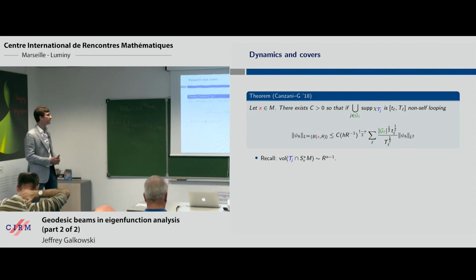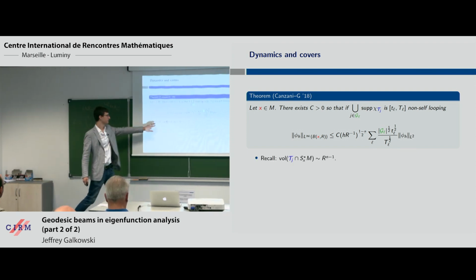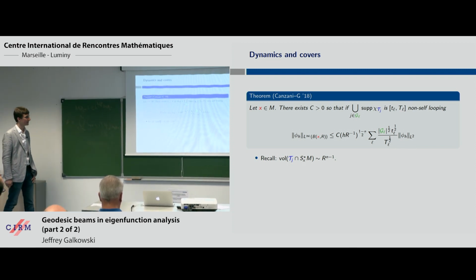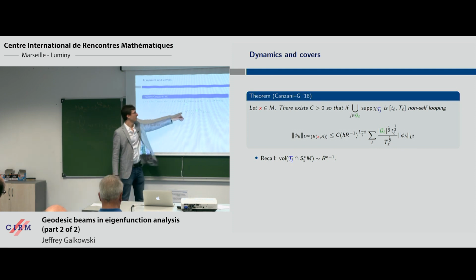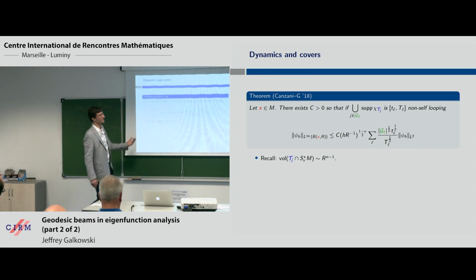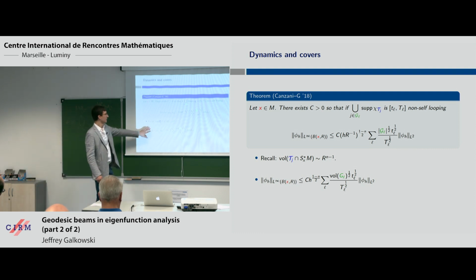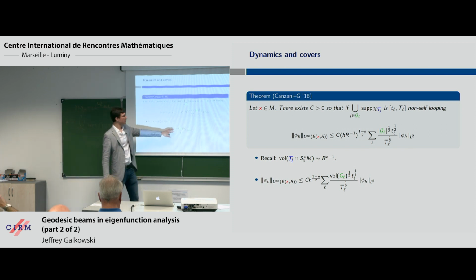And I remind you that the volume of this tube intersected with S*_x M is r to the n minus 1. So you should think of this r to the (n minus 1)/2 as just the square root of the volume. And so what this becomes is that the L infinity norm is controlled by the right power of h times the volume of each G_L to the 1/2 times T_L to the 1/2.